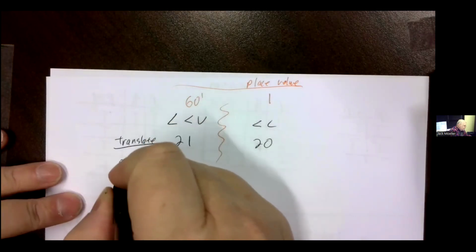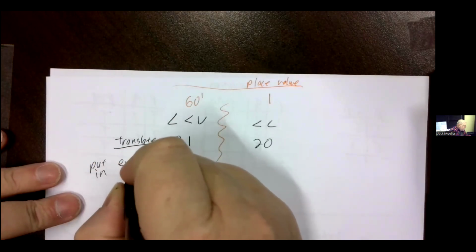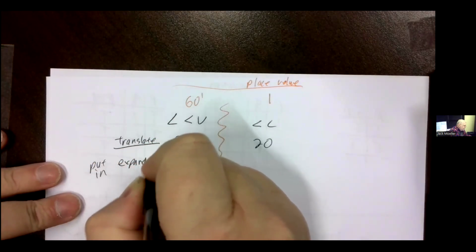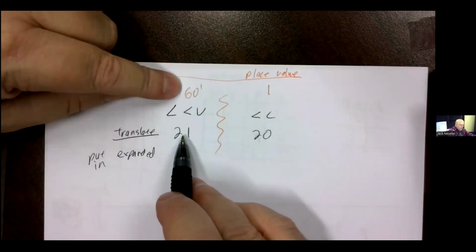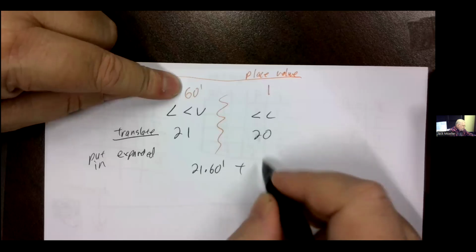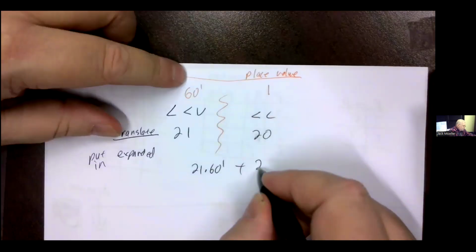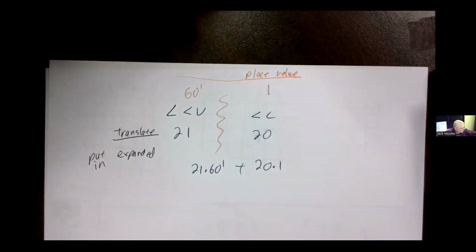And then you have to put in expanded form. What do we mean by expanded form when we're in Babylonian system? Well, it's going to be the digit times the place value. So it's going to be 21 times 60 to the first plus 20 times 1. That's how we put it in expanded form.